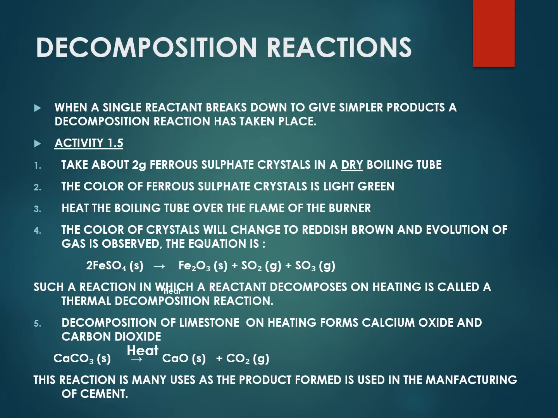The equation is 2FeSO4 on heating gives Fe2O3 plus SO2 plus SO3. Fe2O3 is ferric oxide, which is reddish brown in color, and sulfur dioxide and sulfur trioxide gases are also released. Such a reaction in which a reactant decomposes on heating is called a thermal decomposition reaction.